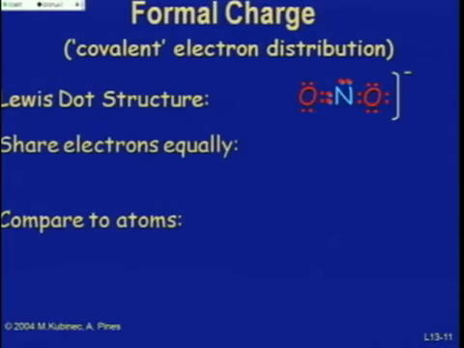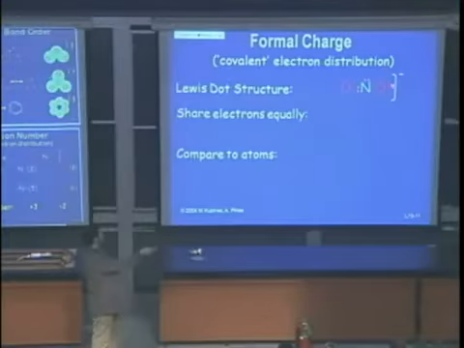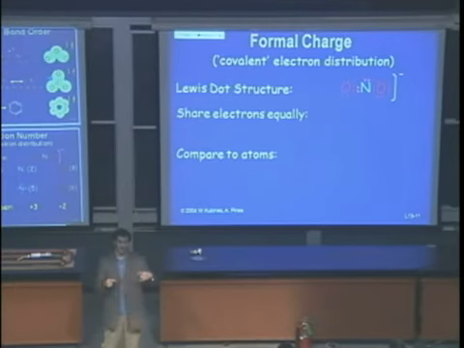So formal charge is a way of assigning a sort of charge state in a covalent electron distribution where we're sharing electrons. Now we see that this NO2 has an overall charge of -1.